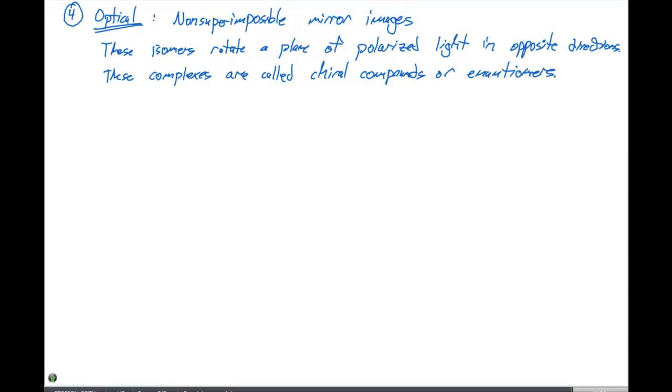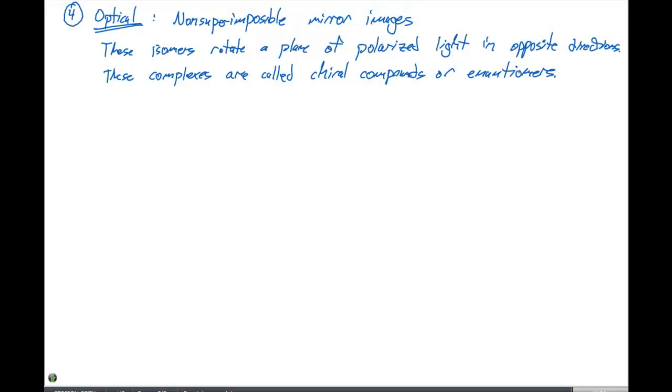I think in one of the example problems, it asked about a shoe and a loaf of bread or something like that, right? But we're not talking about shoes and hands and loaves of bread. We are talking about coordination complexes.